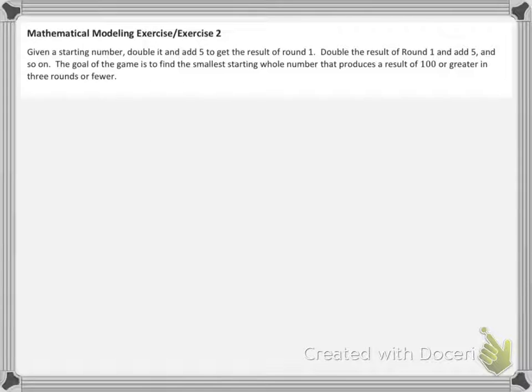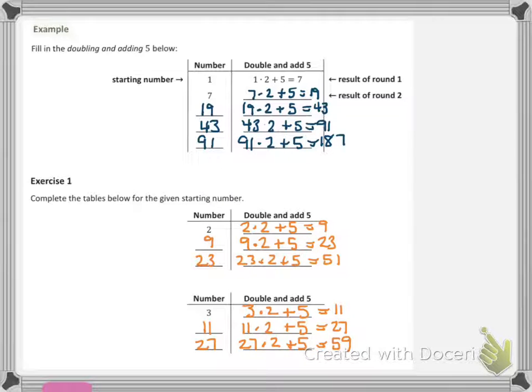Well, I know starting with 1 didn't work and starting with 2 didn't work. In fact, we can take a look at those. If I started with a 2, I ended up with 51. If I started with a 3, I ended up with 59. So it's going to have to be bigger.